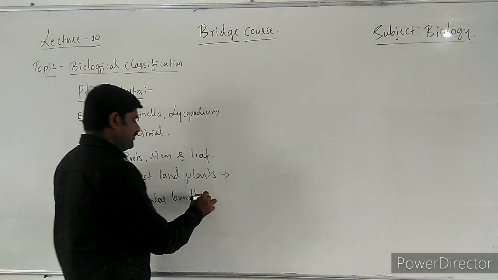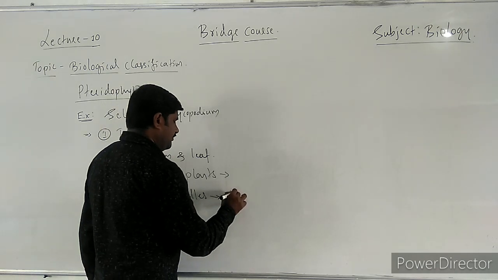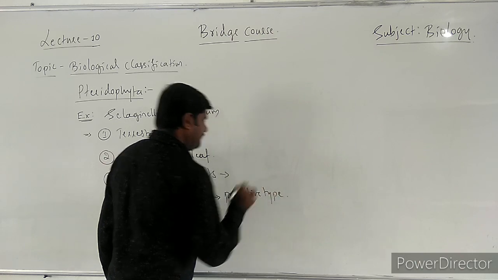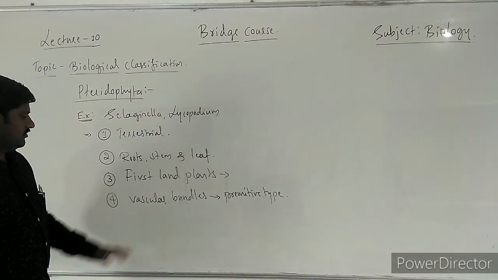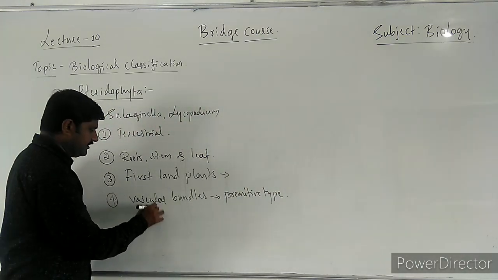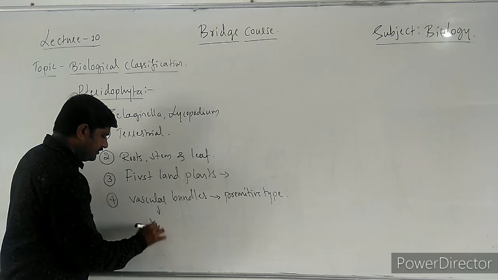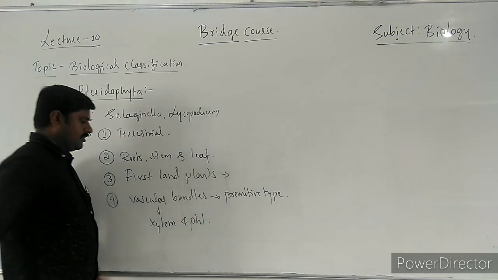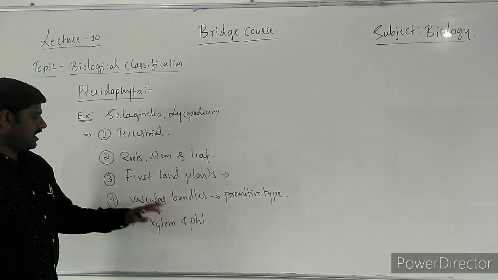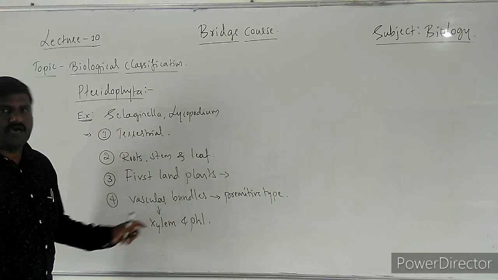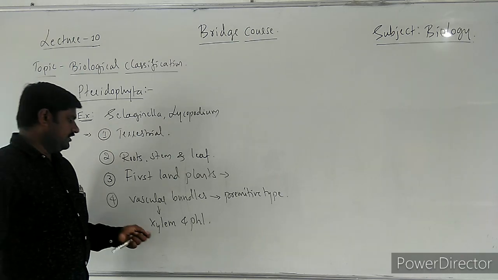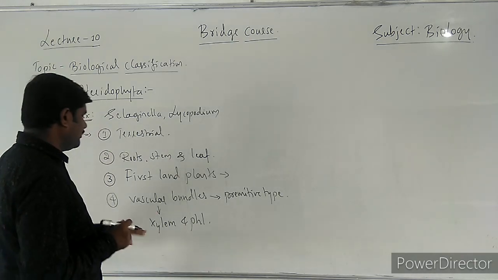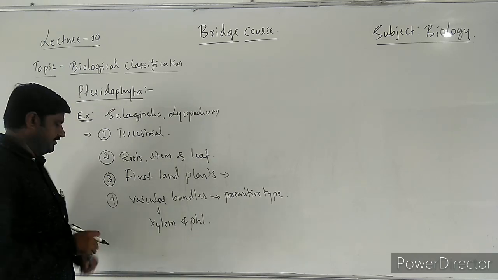Vascular bundles include both xylem as well as phloem. Both of these tissues are present in these plants. So these are hence called vascular plants.